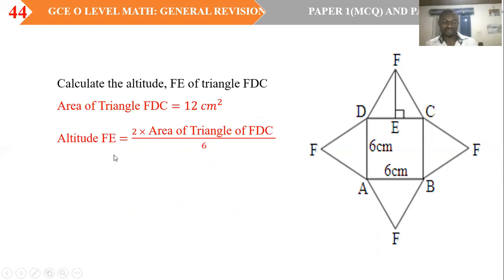If we make the height the subject, because this altitude is the height, it gives us 2 times the area of triangle FDC over 6. If we substitute the area, it gives us the altitude to be 4, because 6 goes into 12 2 times, and 2 times 2 is 4.